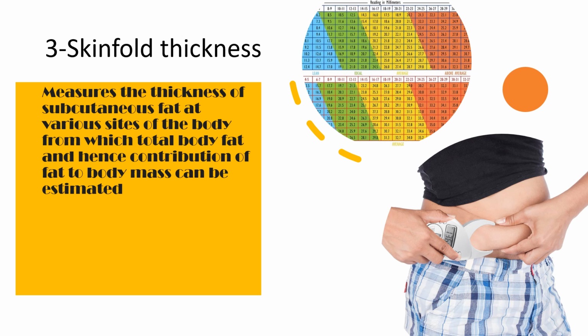Usually, subscapular and triceps skin folds are used. The sum of those caliper measurements is converted by formulas into estimates of body fat and hence the contribution of body fat to total body mass.